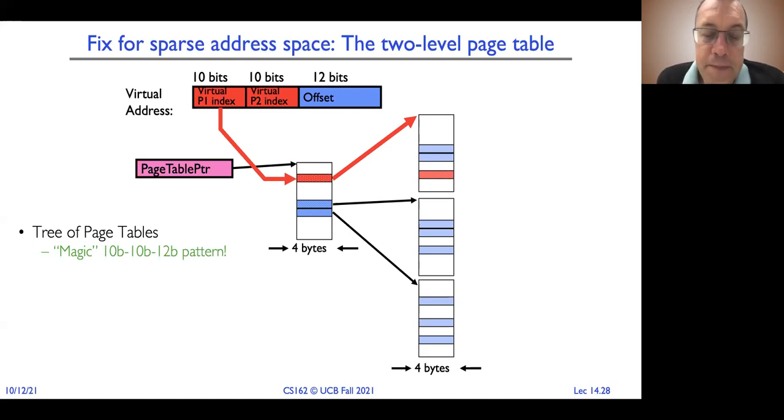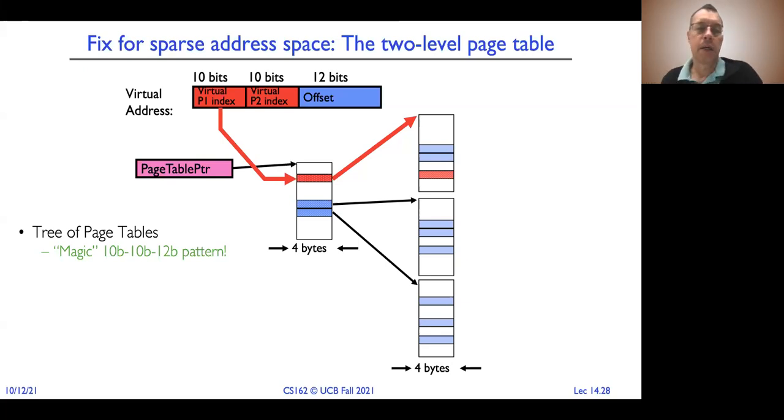But what was previously corresponding to the page number, now you split into two fields, which correspond to virtual page numbers or page indexes for the two-level pages.